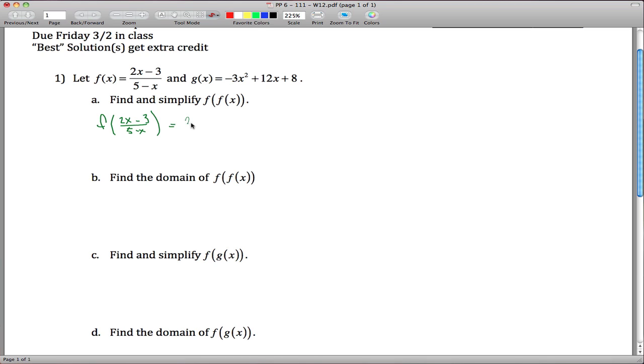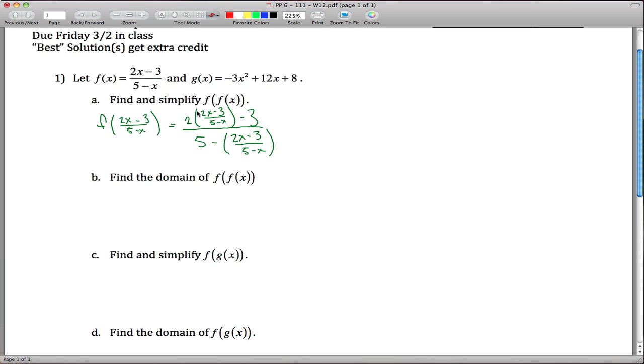So what I get is 2 times (2x minus 3) over (5 minus x), minus 3, all divided by 5 minus, and then instead of writing x, I can write (2x minus 3) over (5 minus x). What a mess.